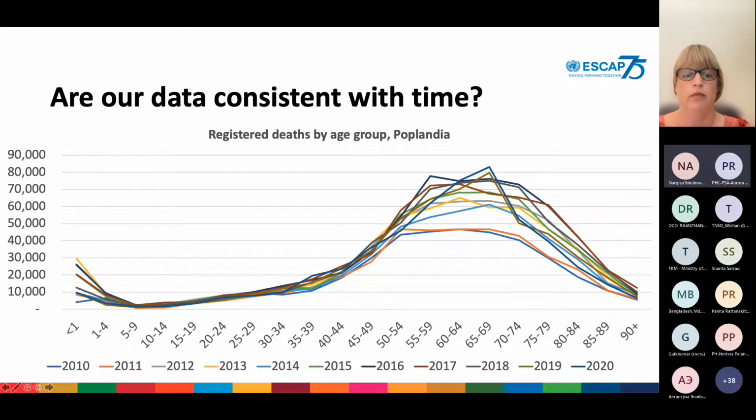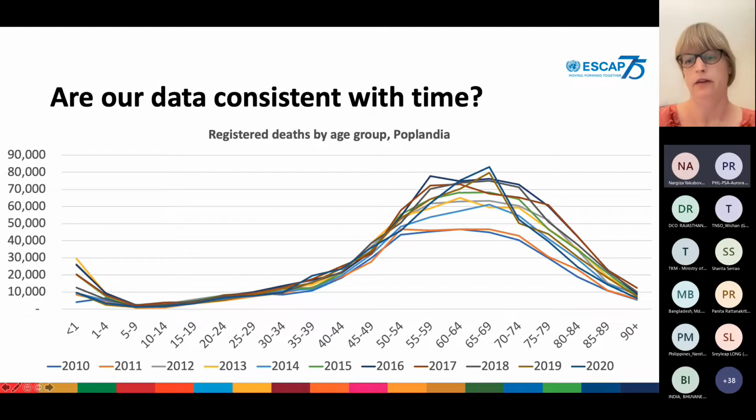And we would then look at our data over time. In this example, we have registered deaths in Papulandia by age group for all these different years. There's some noise going on here, especially in the 50 to 70 year range, but we see a very similar shape over time.